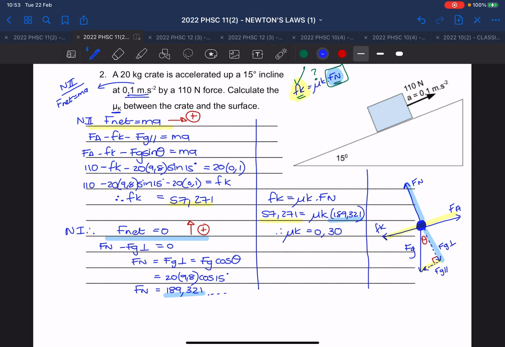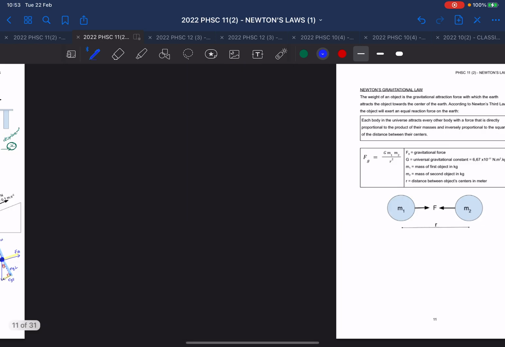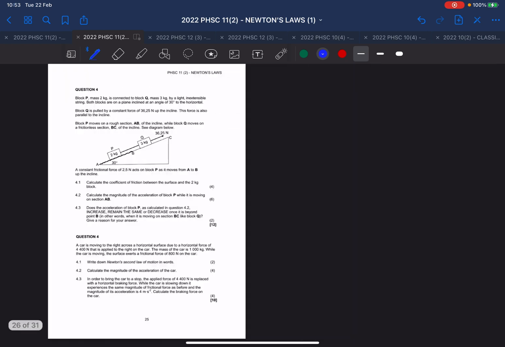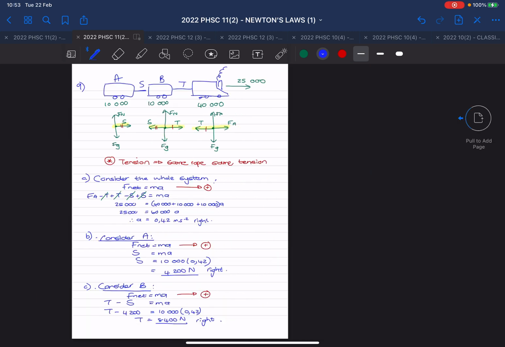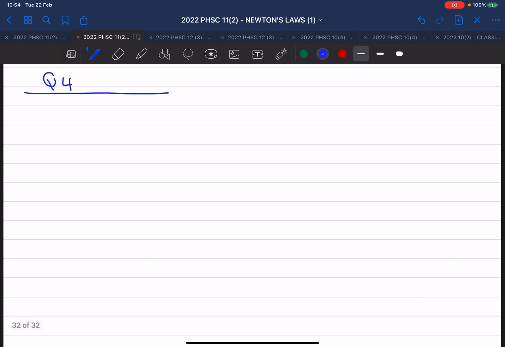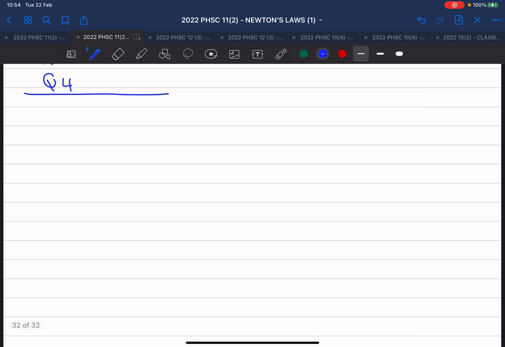Question 4 on page 7. Okay, if you go to question 4 on page 7, there you see a box that is pushed over a horizontal surface from A to B. Okay, so in your writing book, I'm going to start with helping you. Okay, so we're at November 2021. We're looking at question 4. And you're going to do question 5 as well.